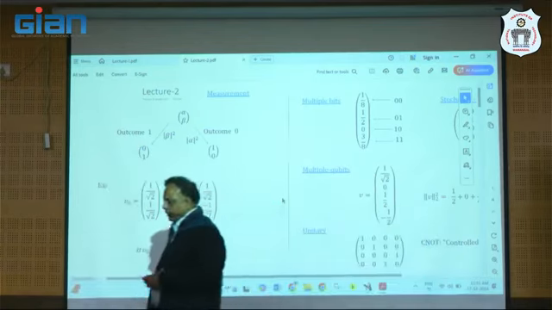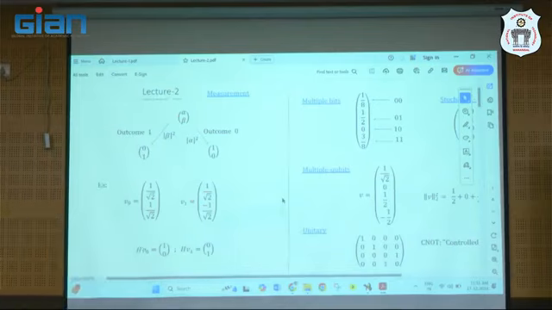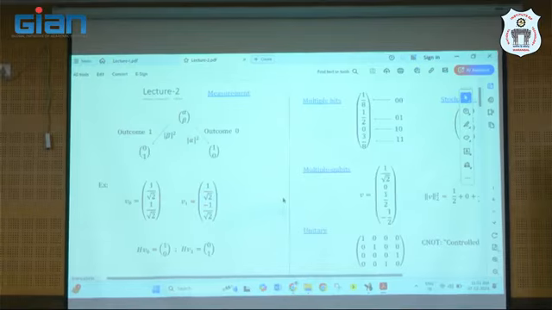Now we are trying to see how we can distinguish these two vectors. Remember, these are orthogonal vectors, so orthogonal vectors we should be able to distinguish. But if we just measure as such, we will not distinguish them. So what we can do is some unitary transformation first on these vectors and then try to distinguish.